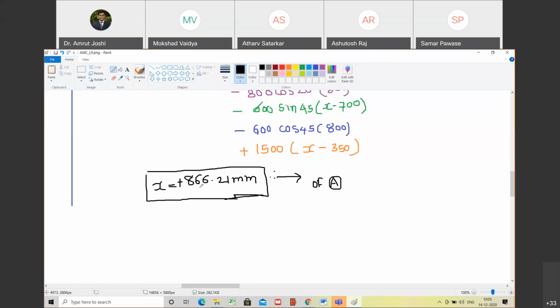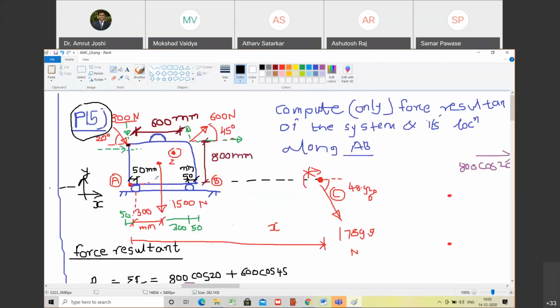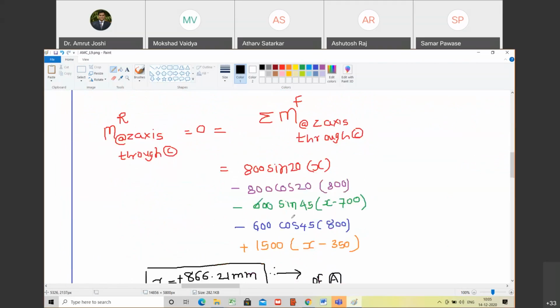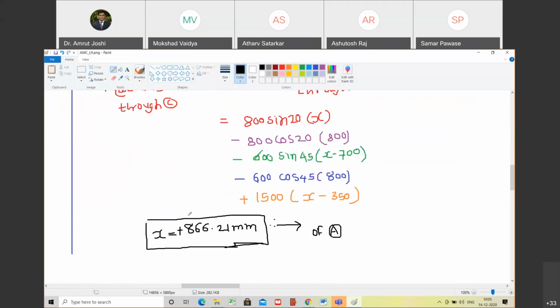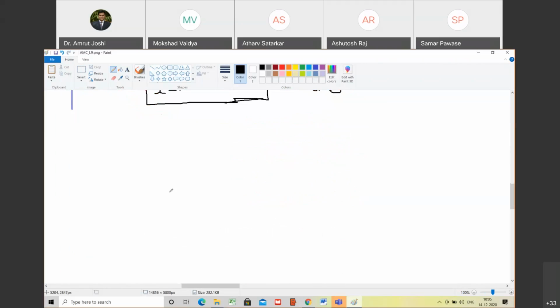So x is at distance 866.21 mm towards right. Now, can you tell me what is distance AB? 700. And where should I put the resultant in order to have moment resultant equal to 0? 866.21 mm along AB. Do you agree with me?